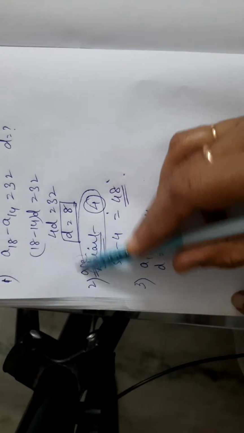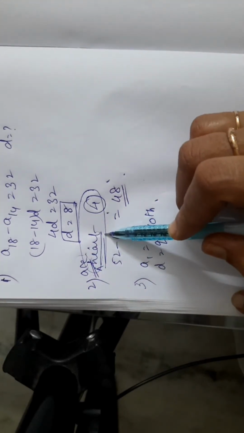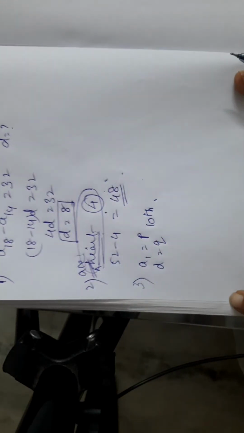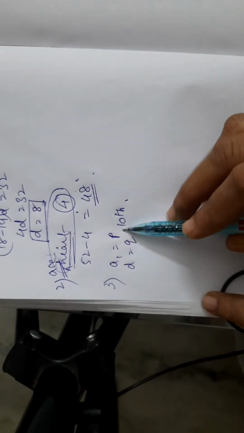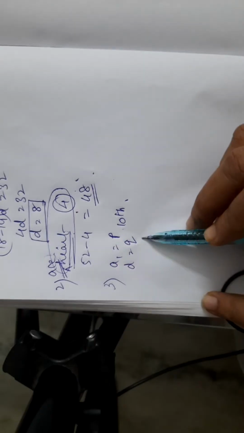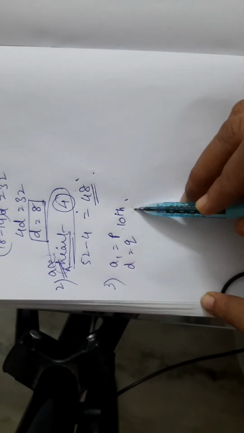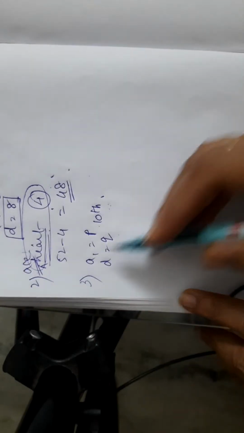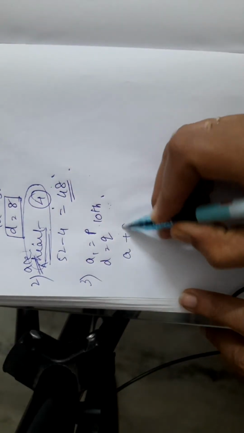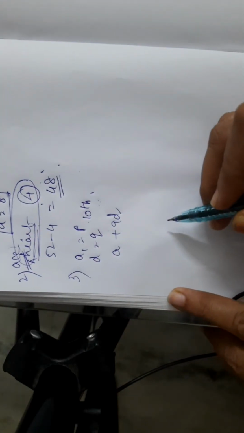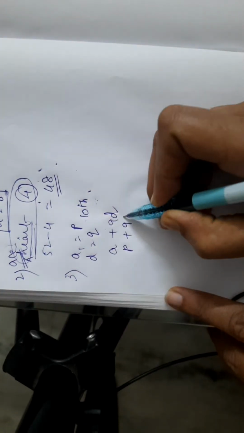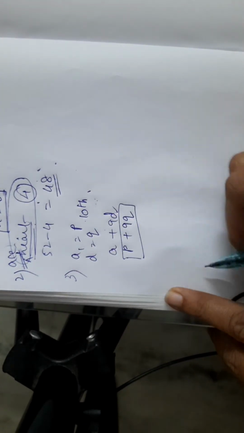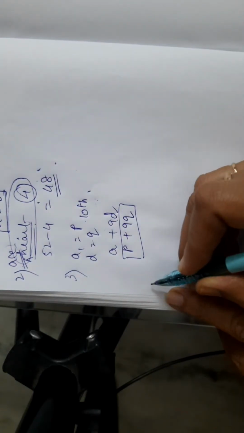Okay, it is given like ace of hearts, so only 4 we will choose. Now the next question: A1 is P, D is Q, 10th term you need to find. Do it fast. Formula: A plus 9D. So A is P, D is Q, so P plus 9Q. Got the same answer?